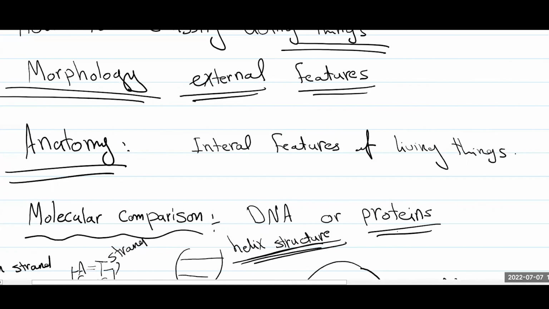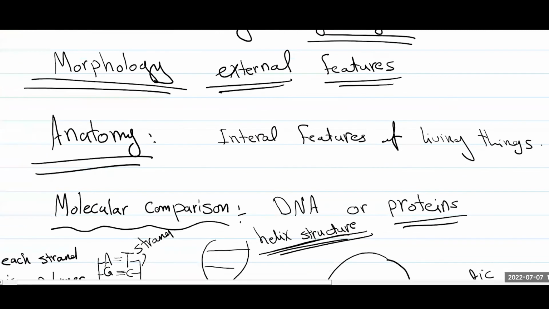So if the DNA is different, proteins will be different. So we can compare the proteins of living things also, the sequence of amino acids in the protein, to see if they are related or not. Okay, this is the way of classification of the living things.